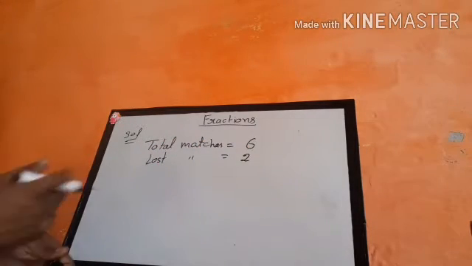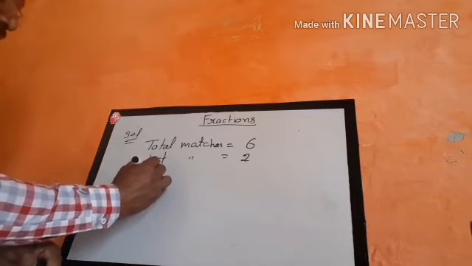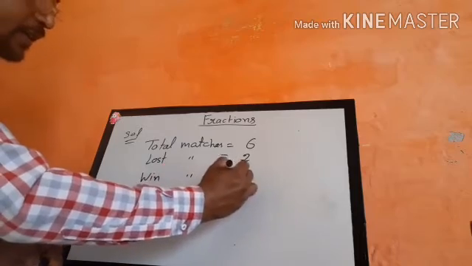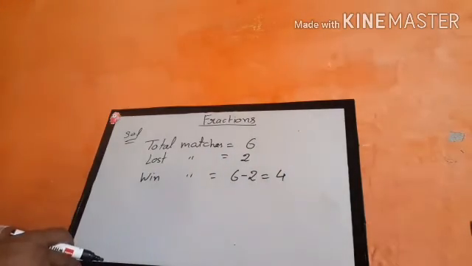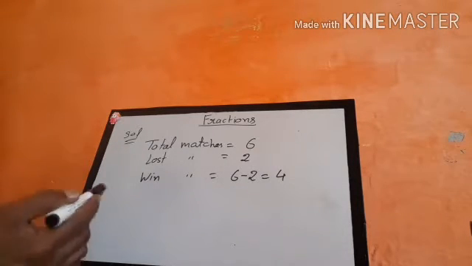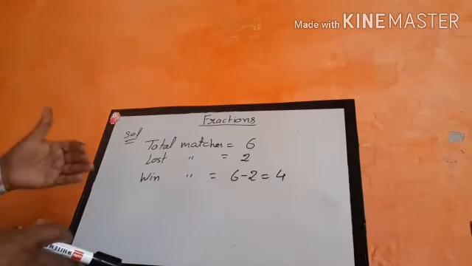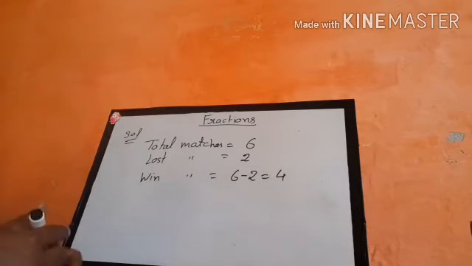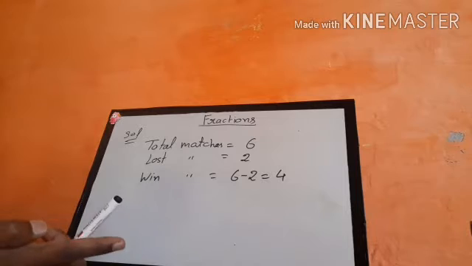So can you tell me how many matches they won? The matches they won are 6 minus 2, that is 4. Understood? Now in the question they are asking what fraction of the matches did they win. The rest is similar to the previous one. So they are asking about the fraction of matches they won.